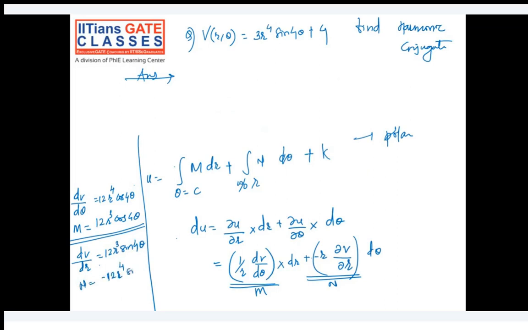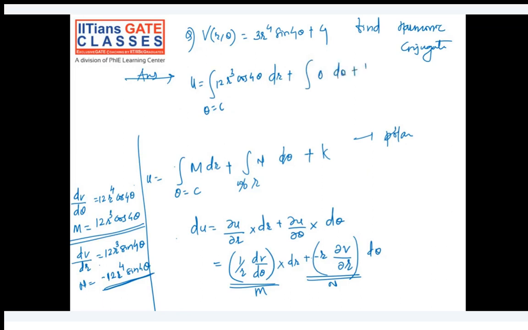Okay, so in this formula, if I put it, it will look like this: integration, theta equal to constant, m dr, m will be 12 r cube cos of 4 theta, plus integration of n without terms containing r. There is only one term and that contains r, so I should write it as 0, d theta, plus k.